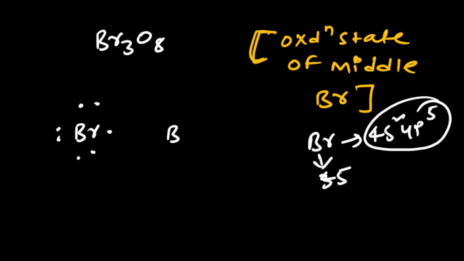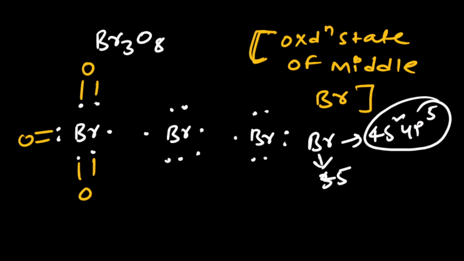Another bromine also will contain 6 and one extra electron, that is 7. You may think that it is 0, but it is not 0. Now the 3 bromines I have written. Now oxygen, how many oxygens are we having? 8 oxygens. Each oxygen will form the double bond like this.